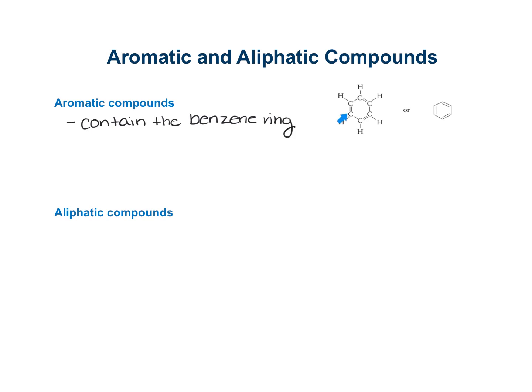So we see the benzene ring here shown with alternating double bonds, single, double, single, double, right? So they contain the benzene ring or its structural relatives. They contain at least 6 carbons, and they have a low carbon to hydrogen ratio relative to other hydrocarbons. Aliphatic compounds, on the other hand, are organic compounds that are not aromatic.